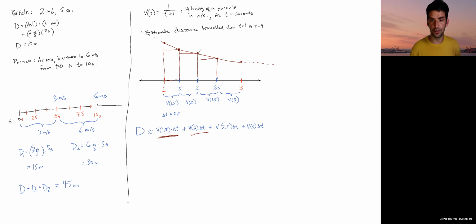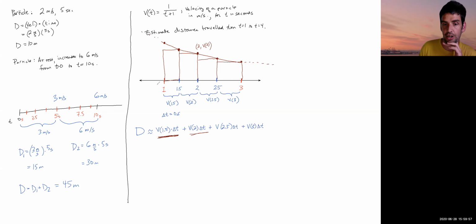For each of these points, for instance, this one's an easier one to write, v of 2, that's the height. Width is delta t, which happens to be 0.5 in this case. And then there's our last approximating rectangle. We're all going to squint and pretend that I drew these nicely, and those intervals are all the same distance. So what are we showing here? This idea of area, in this particular case, is for a velocity function whose input is time.